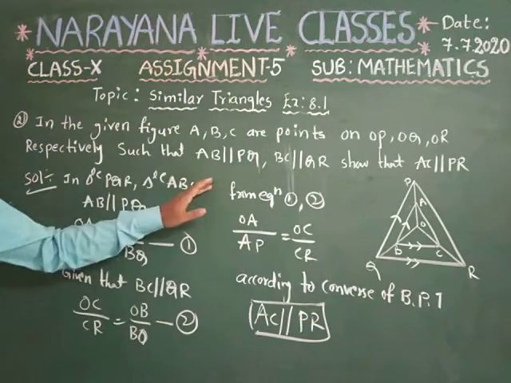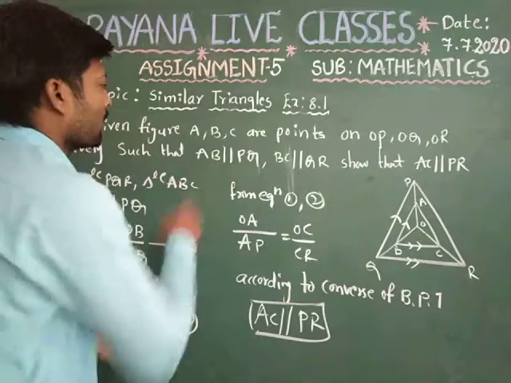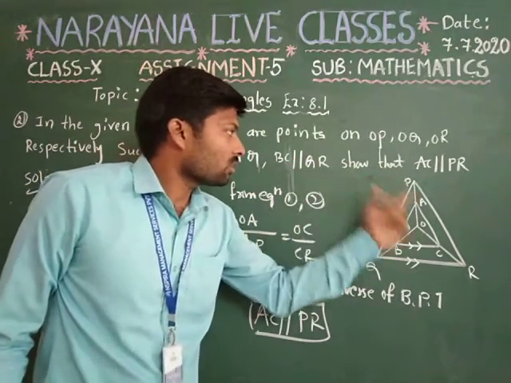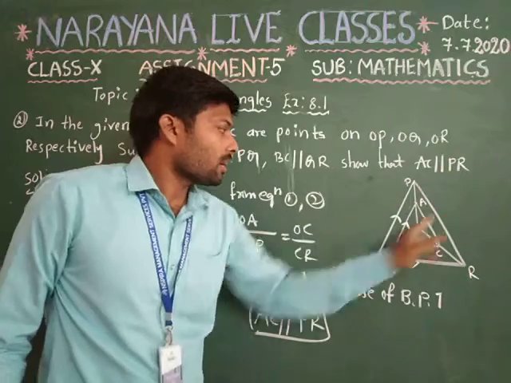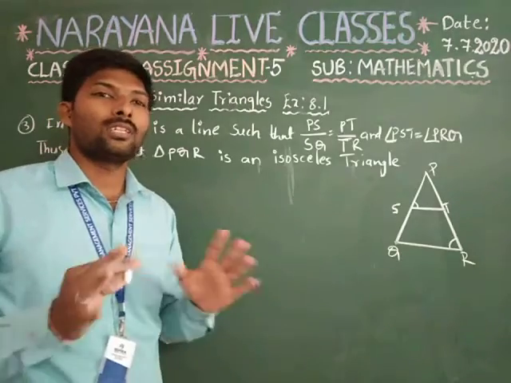So this is the second solution. It is based on the two statements, AB is parallel to PQ as well as BC is parallel to QR. Then we can show that AC is parallel to PR as per the converse of the basic proportionality theorem. Let us see the third question.